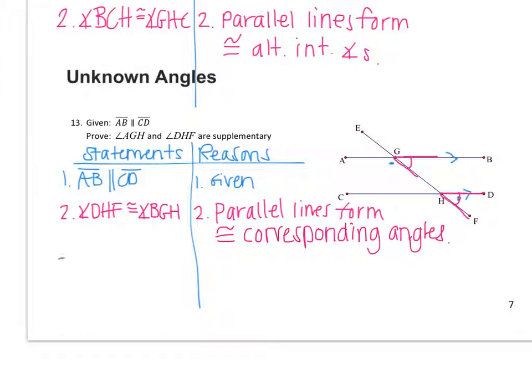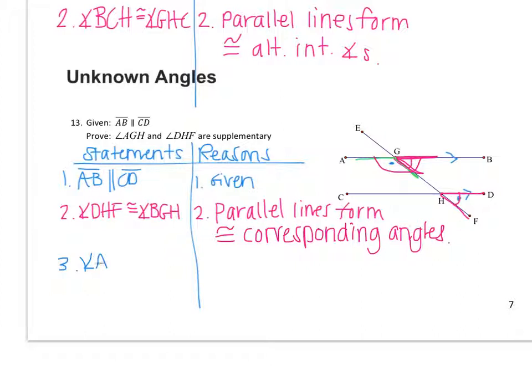Step 3. Now that I have congruent corresponding angles, I can look at the angle that they want me to find, angle AGH, and I see that it's plopped right next to, it's adjacent to angle BGH. And I remember thinking back to a couple videos earlier that two angles adjacent next to each other on a straight line are supplementary. So I'm going to state that in my proof.